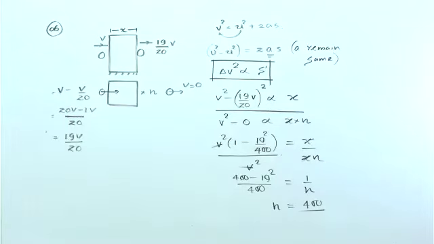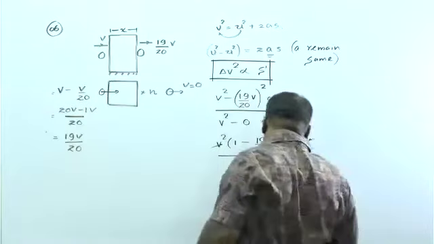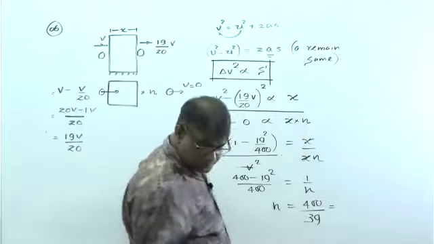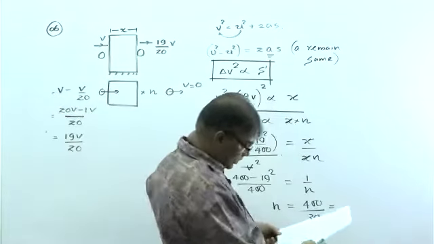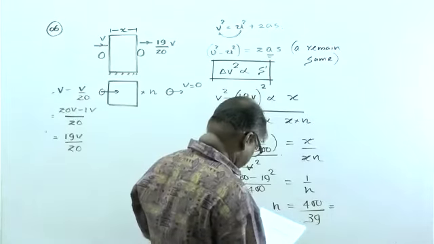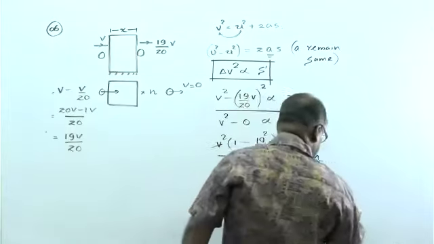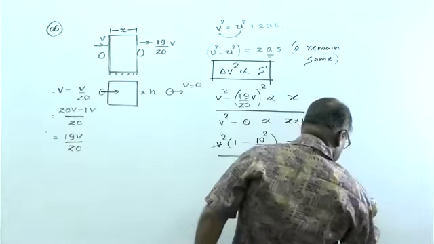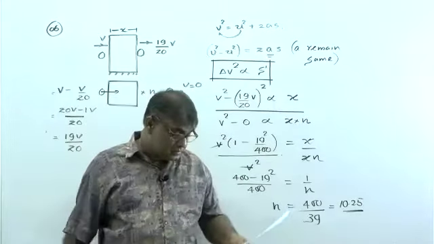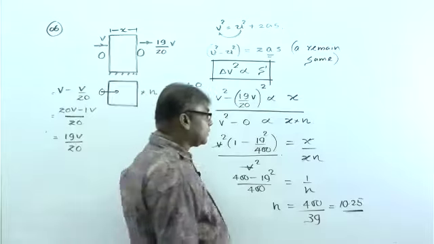Nineteen squared is 361. Okay, then this becomes 400 divided by 39, right? It should be 10.25 like that. And the minimum number of planks won't be 10, no? It should be 11. The fourth answer is the correct one.